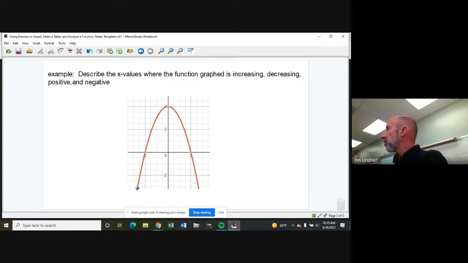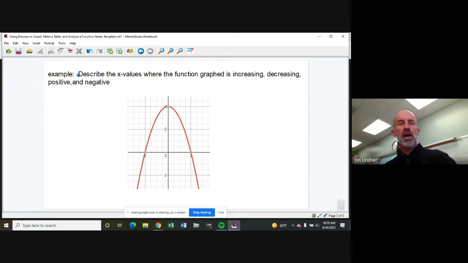So does everybody see that this function is increasing from way over here at negative infinity to 0? It increases from negative infinity until the x value becomes 0. Then doesn't it start decreasing? And it decreases from 0 to forever, to positive infinity.